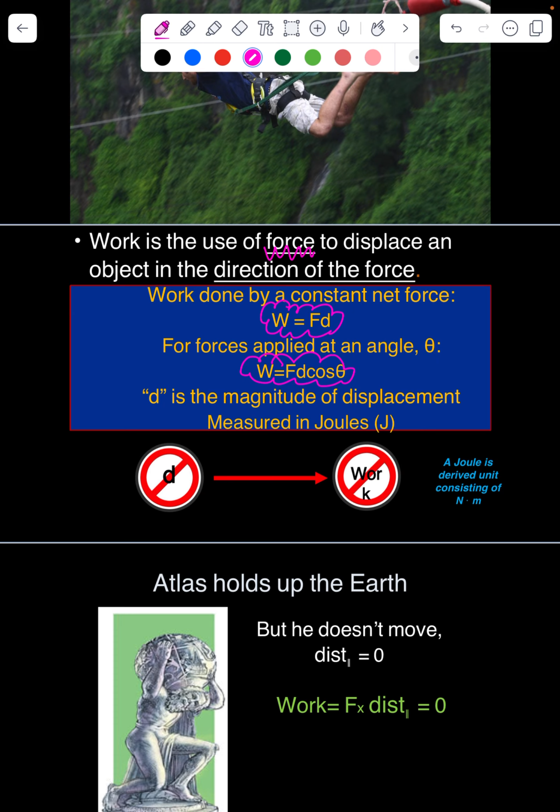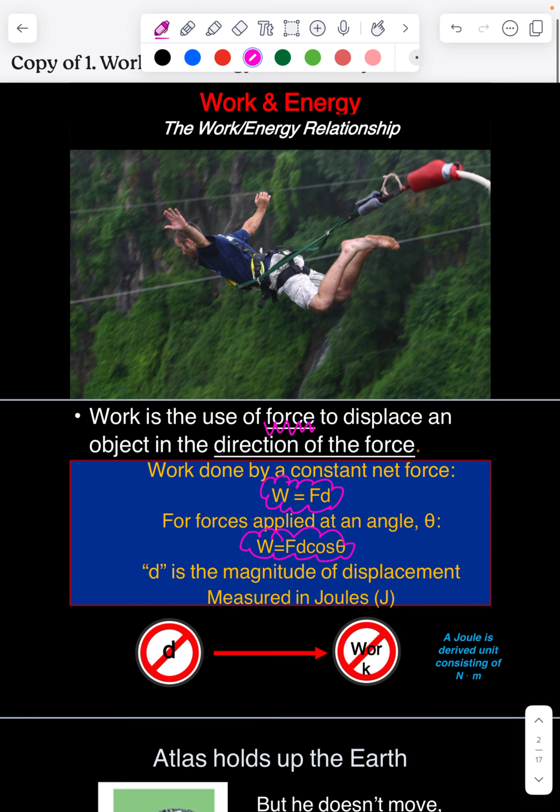Now, whenever we were talking about forces, remember that forces were measured in newtons. Even though a newton is one single letter, we found that because force is equal to mass times acceleration, we were able to derive what a newton was.